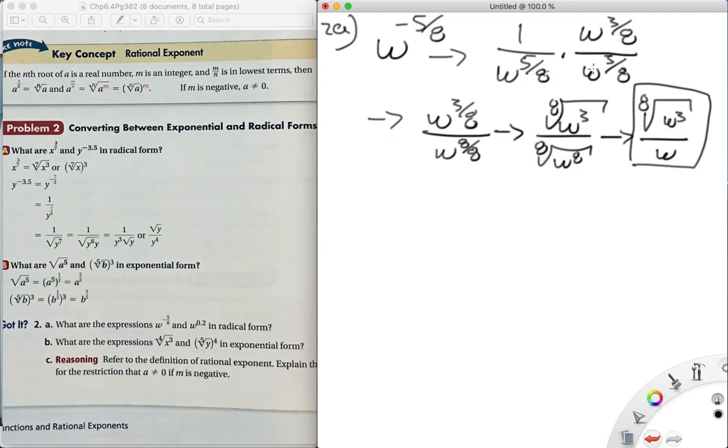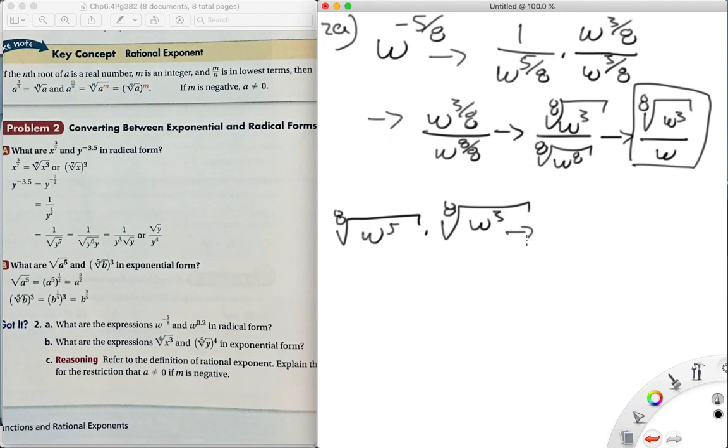So for that fraction part down here, just to prove the point that it works with radicals, if I had the 8th root of w to the 5th times the 8th root of w to the 3rd, which I did using rational exponents, just to let you know that it works both ways.